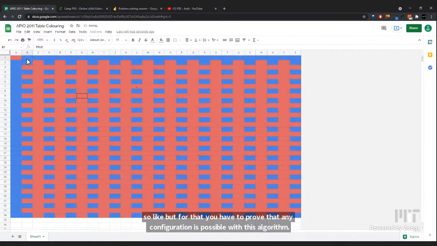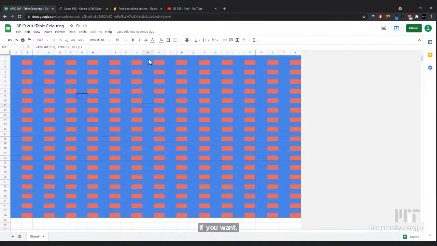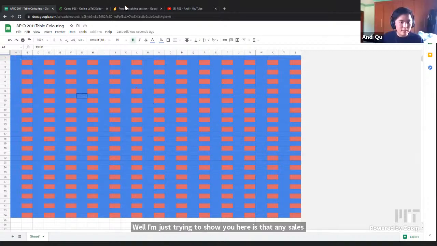So we can go by the recursion method you showed, right? To prove this, we can solve it and also do something to prove this, right? If you want to. Well, what I'm just trying to show you here is that any cell's color only depends on the cell above it, the cell to the left of it, and the corner cell.